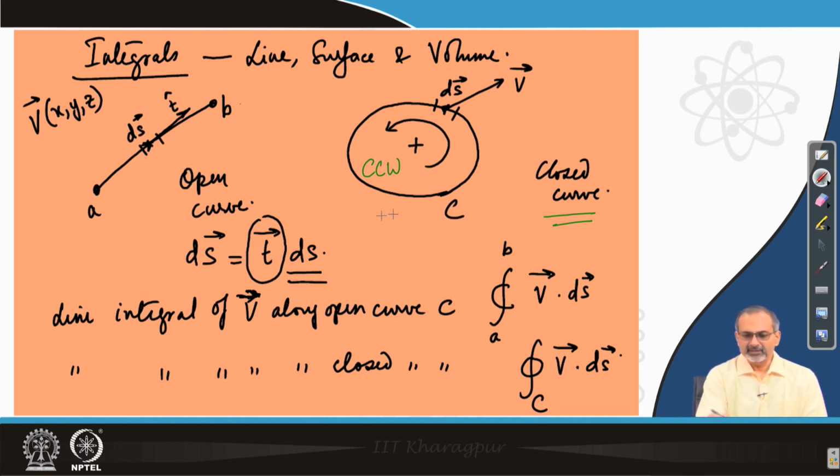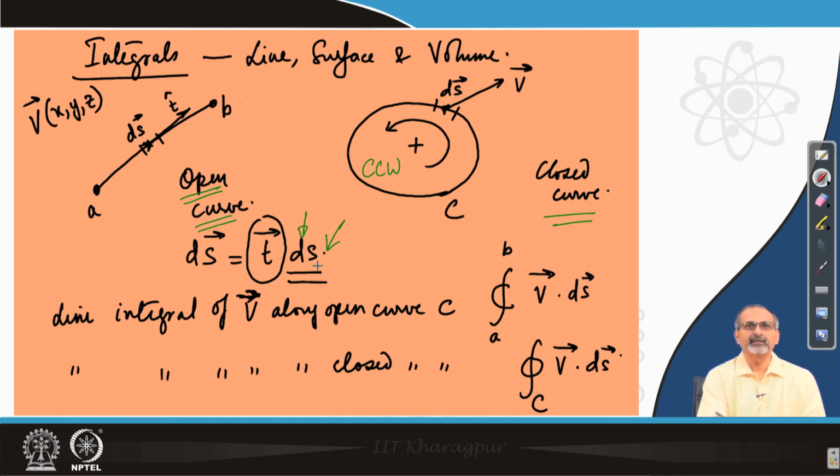So, that ds vector can be defined in this way, that you have the unit vector along that direction indicated as t, t stands for the tangential direction, times the scalar measure of that element. And then instead of a closed curve, you can also have an open curve between 2 points, let us say A and B.